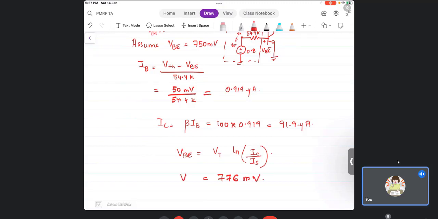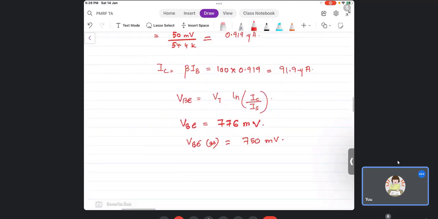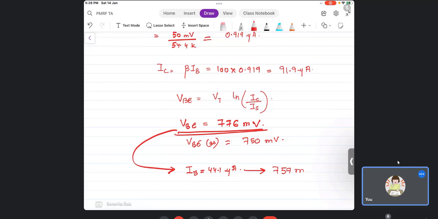Now your assumed VB was 750 millivolts. You see there is a 26 millivolts difference. Now with this 776, if you put it in the KVL equation, you will see IB will come to be 44.1 microampere.